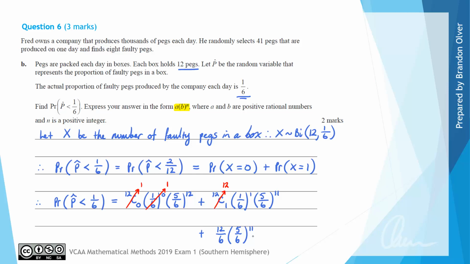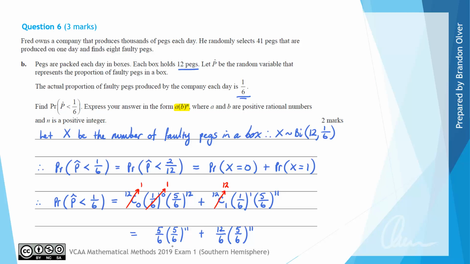But we want the powers to match between that term and the second term. So I want a 5/6 to the power of 11 on this side. To get that there, I just need to multiply that again by 5/6 out the front. So that is what our line is now equal to.